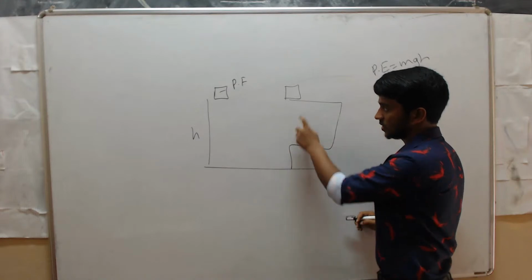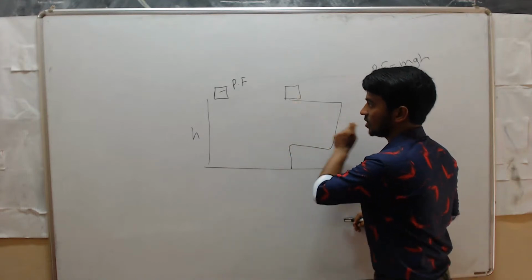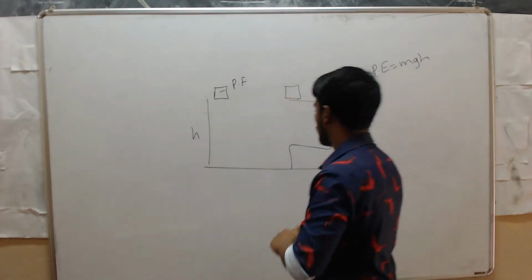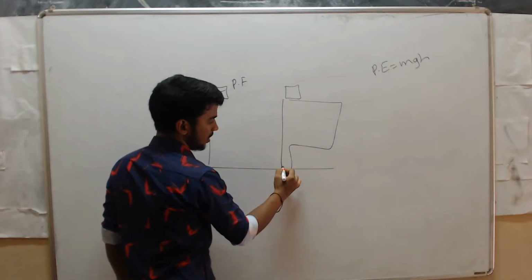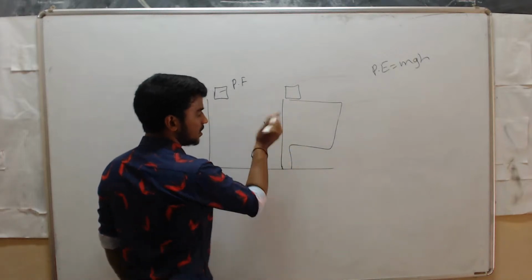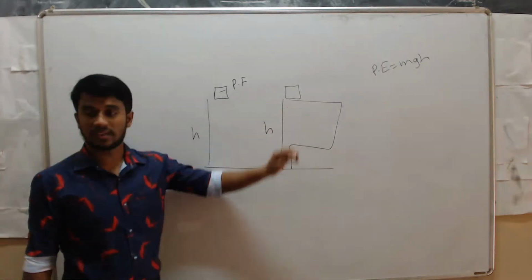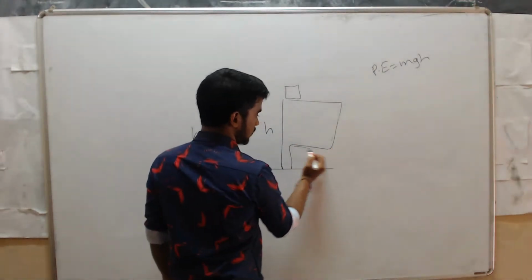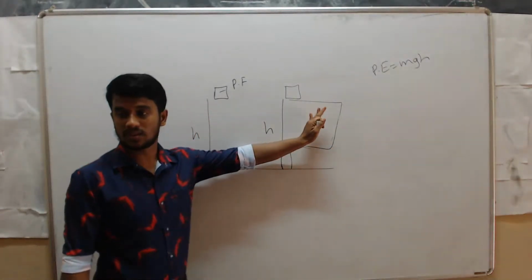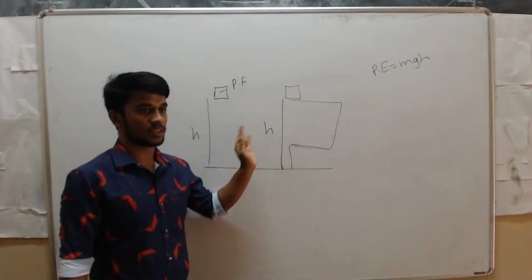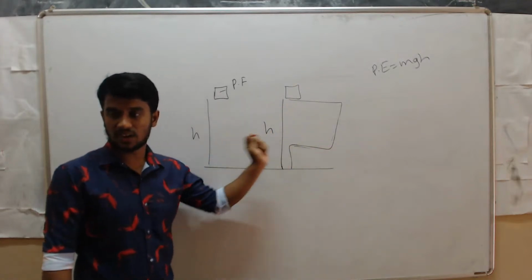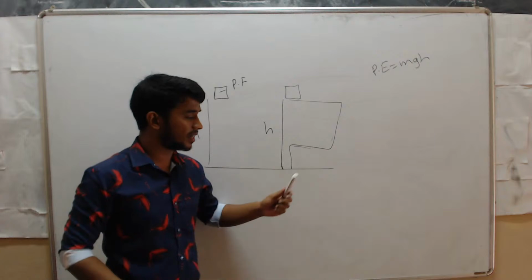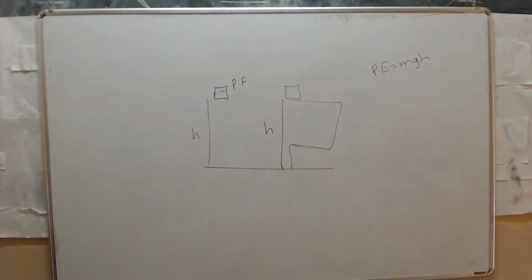You can lift this object by taking this side or that side, but ultimately this is the final position. So what is the distance from this position to the ground or surface? We consider only that as the height. We won't take the path; we take the straight distance between the position of the object and the ground.